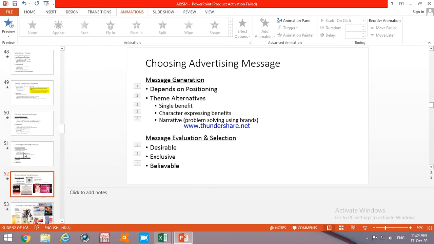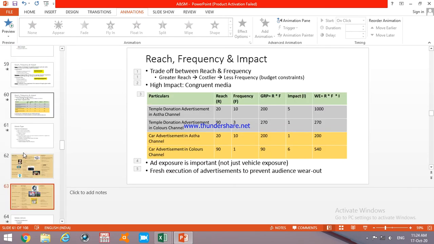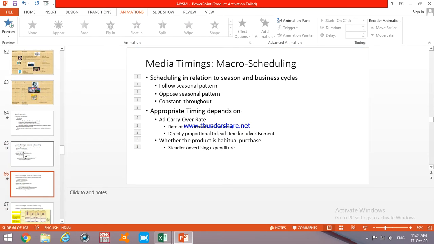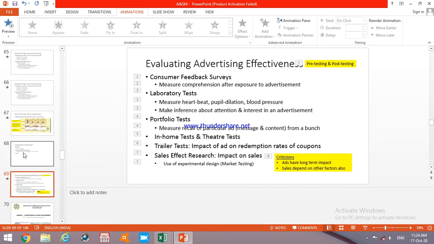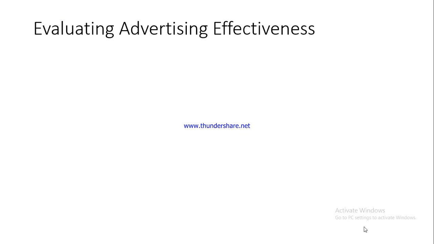So this is going to be the agenda today, and this would also incidentally be the last session in Unit 3, right? So let us understand how to evaluate advertising effectiveness. I hope you remember that in management, whatever you do, you also have to assess how effective it has been, because based on that information only, you can further improve the process.